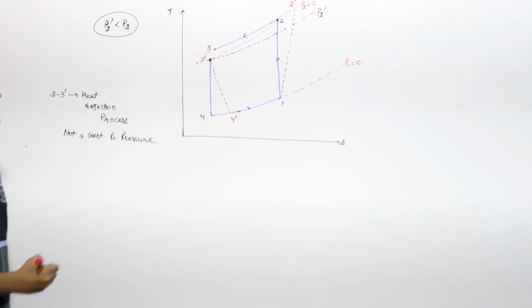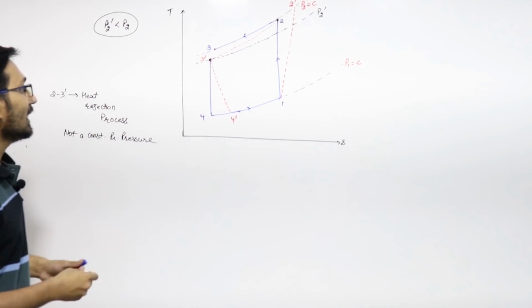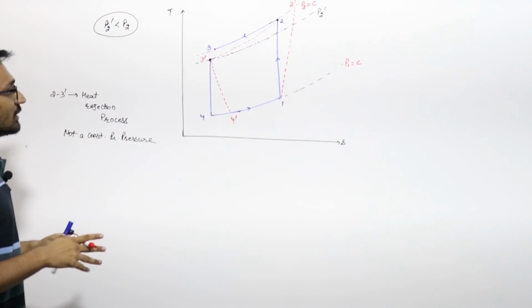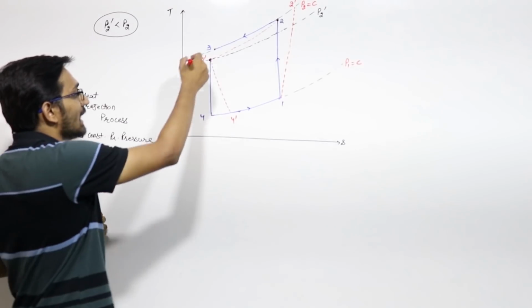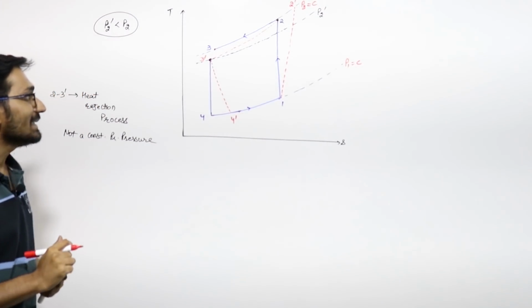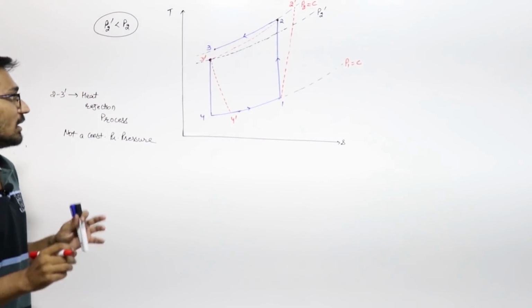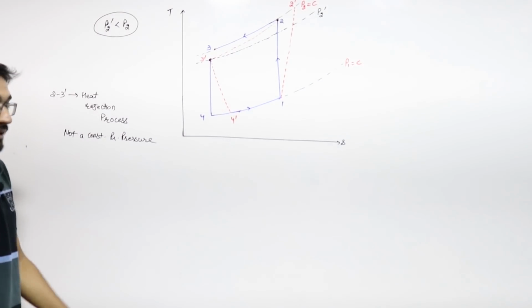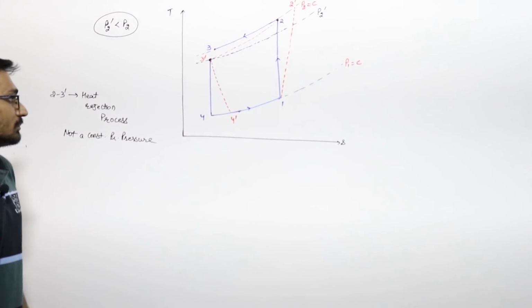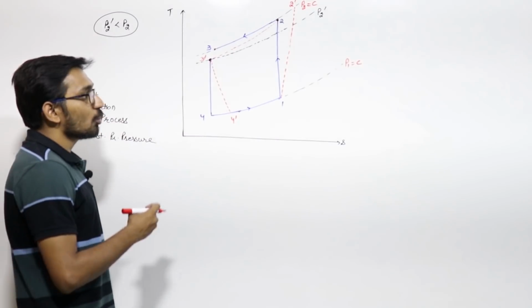Because of irreversibility, the process will be 3 dash to 4 dash in case of irreversibility associated.